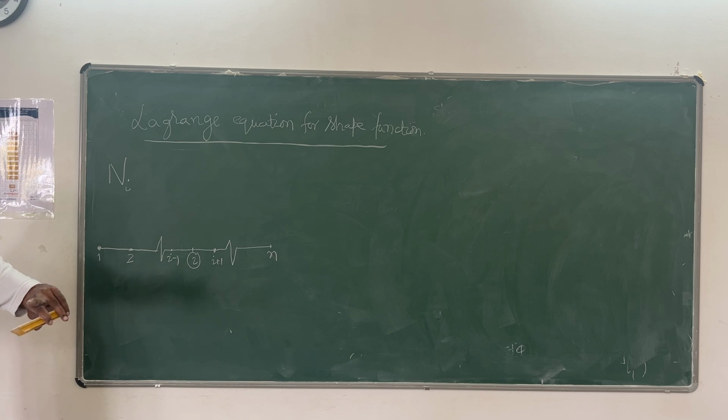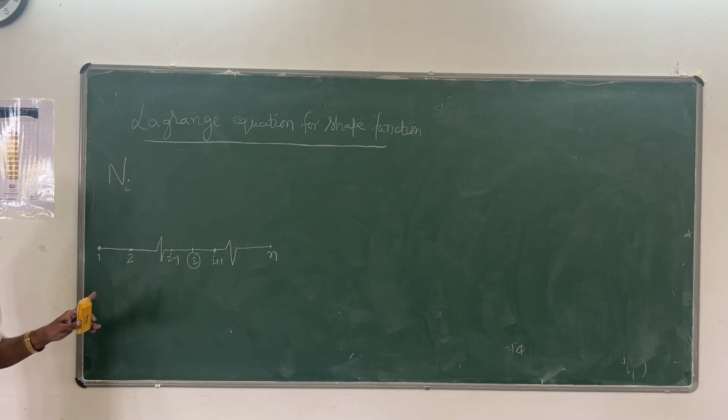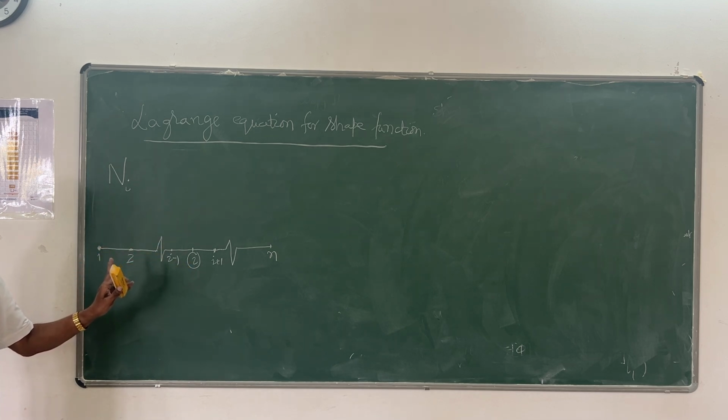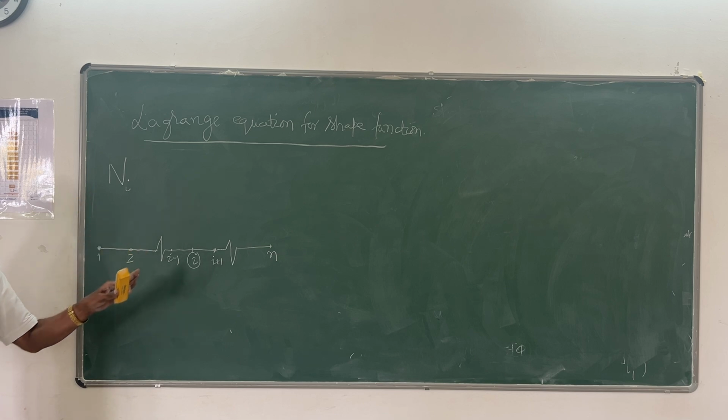Not for a quadrilateral directly, but you can use the isoparametric concept even for a quadrilateral. If you use the isoparametric concept, the same shape function will be applied for the x nodal coordinates also.